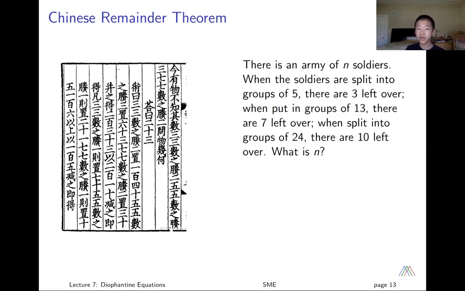But for larger examples like the one we have here, it's usually faster to use the Chinese remainder theorem. I changed the numbers a bit, but the problem basically asks: there's an army of soldiers, and when they're put into groups of 5, there's 3 left over. When put into groups of 13, there's 7 left over, and when put into groups of 24, there's 10 left over.